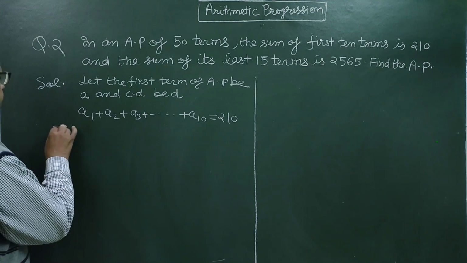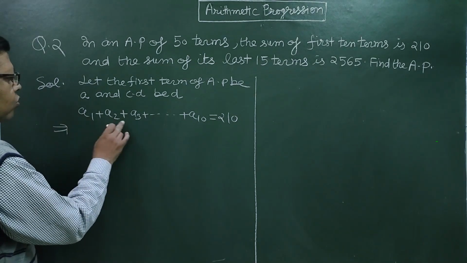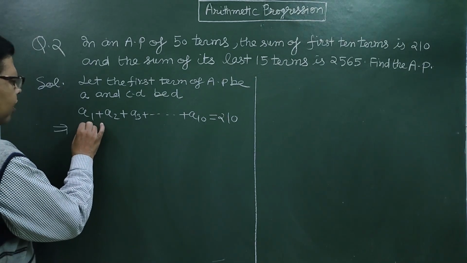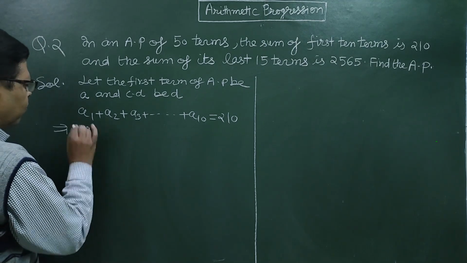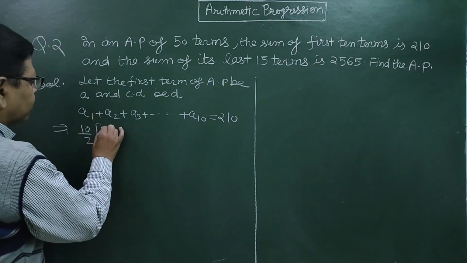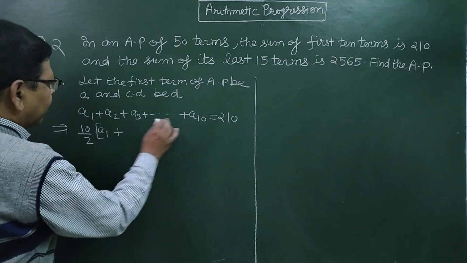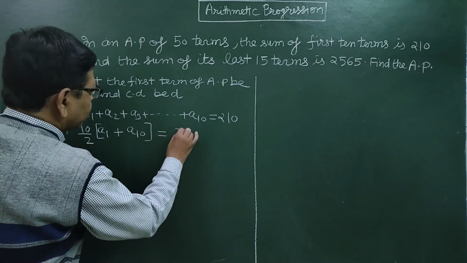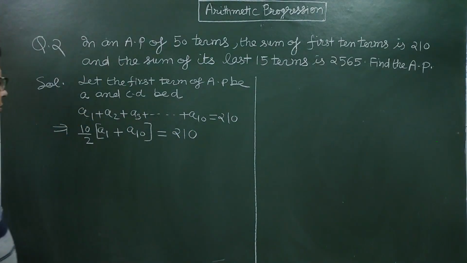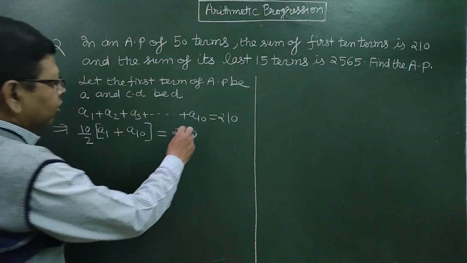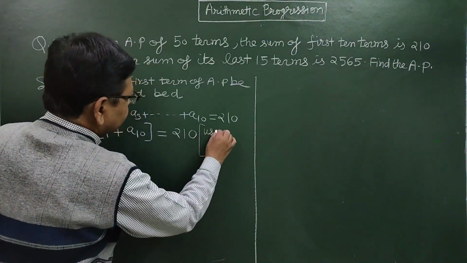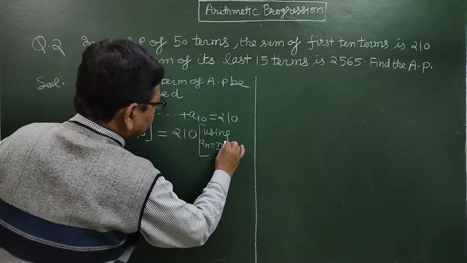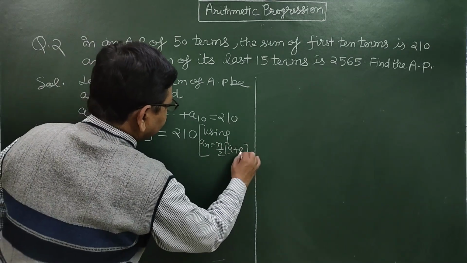Now for the sum of first 10 terms, using the formula sum of n terms is equal to n by 2 into (first term plus last term), we can write 10 upon 2 into (the first term a1 plus the last term a10) is equal to 210.